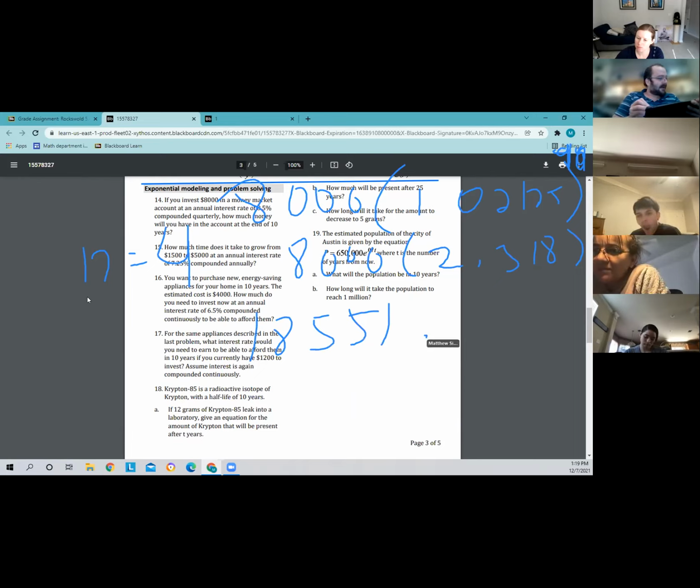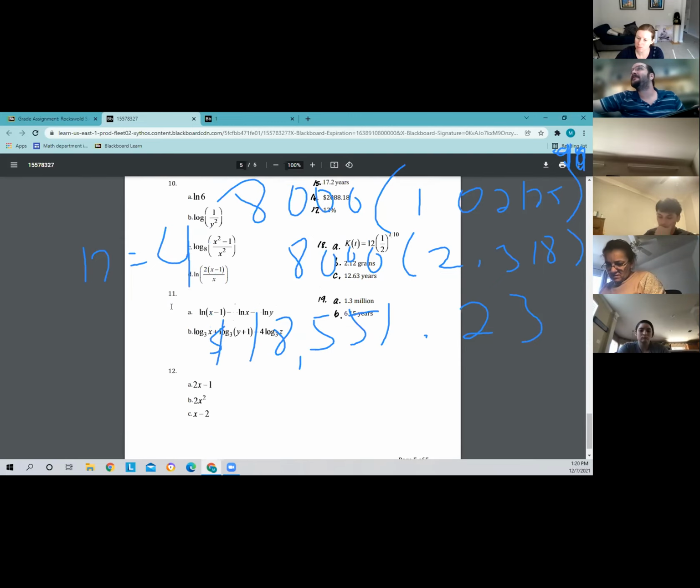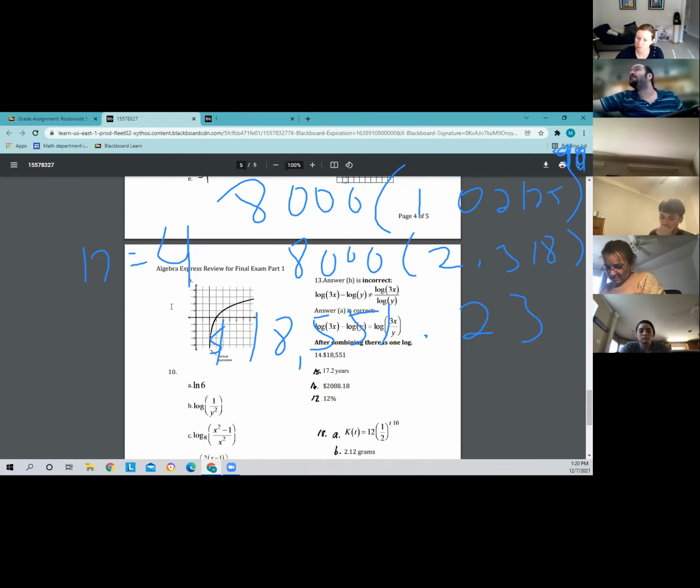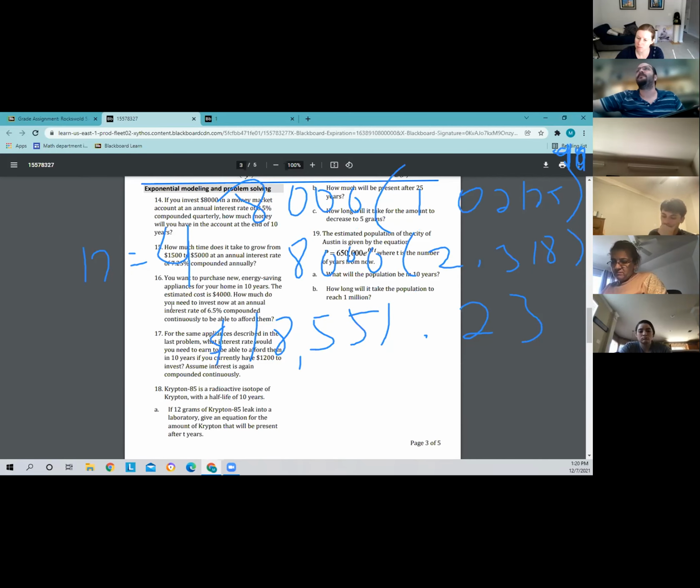So if you're getting something like 1855.23, that is the solution we're looking for. Is that what they say in the back? Yeah, that's it. They do it to the nearest dollar, I think.